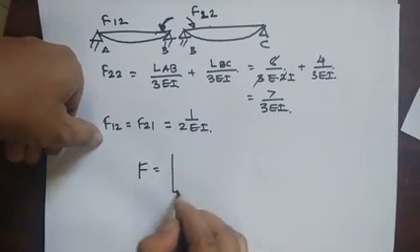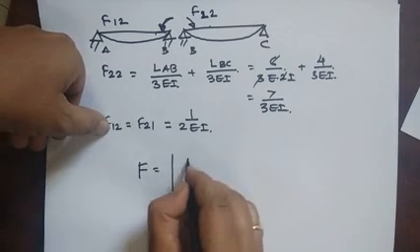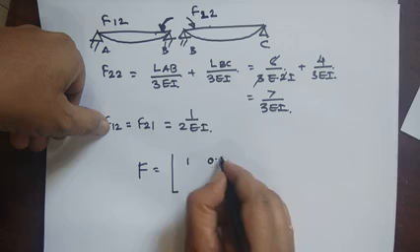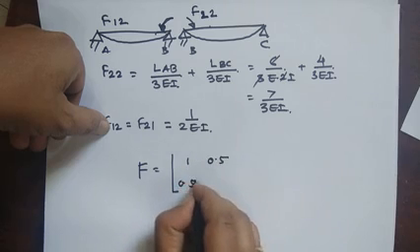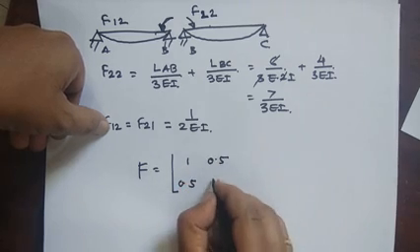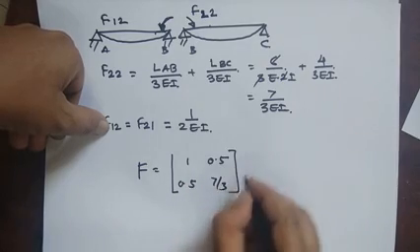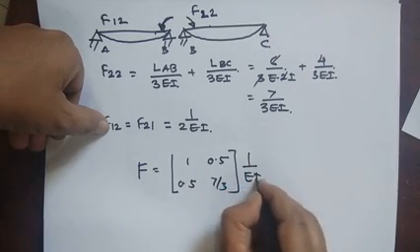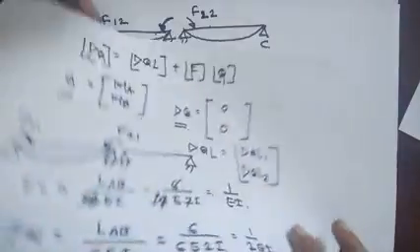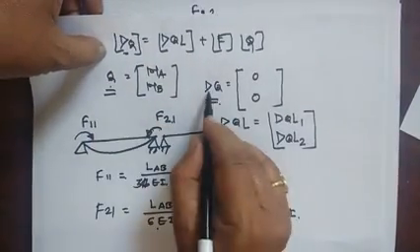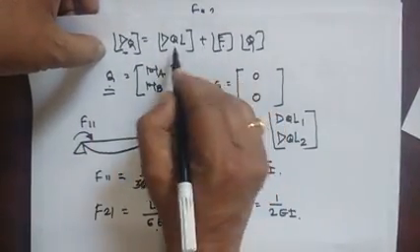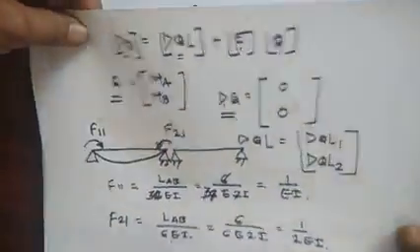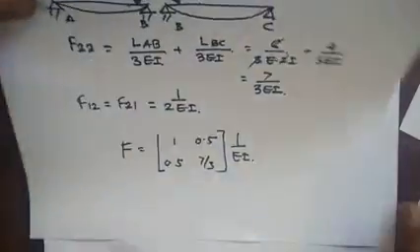F is equal to 1, then 0.5, 0.5 and here is 7 by 3 into 1 upon EI. So as per our formula, we got the Q matrix, we got the F matrix and remaining is the DQL matrix. So now the DQL matrix here.